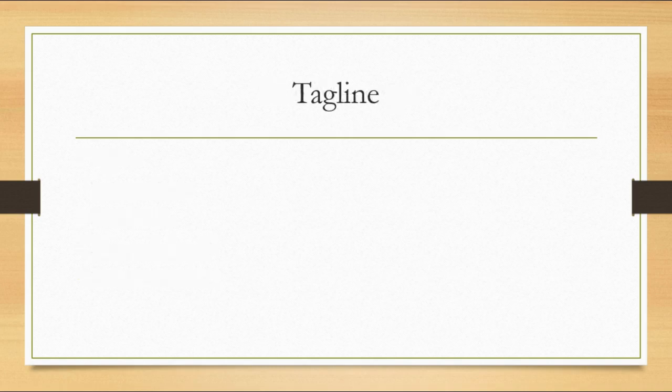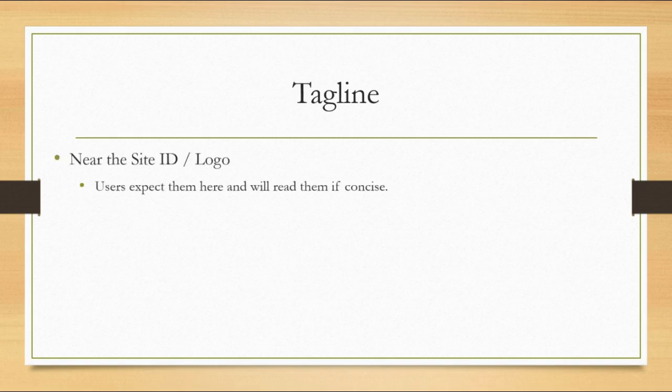Let's talk about the tagline. We want the tagline to be near the site ID logo. That's where users expect them, and they will read them if they are concise. We want to convey differentiation. We want to have a clear benefit.